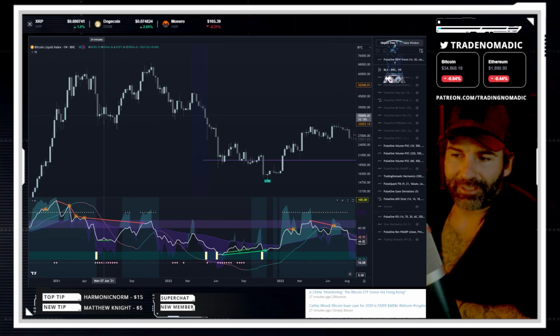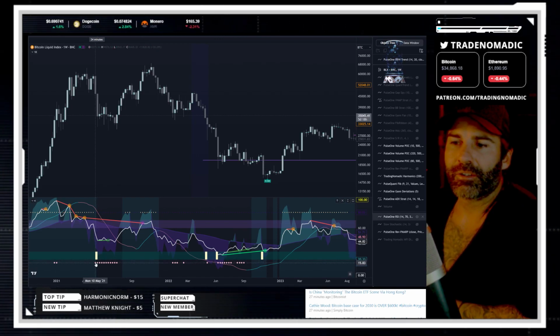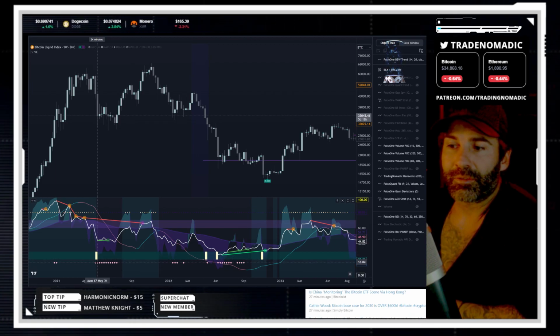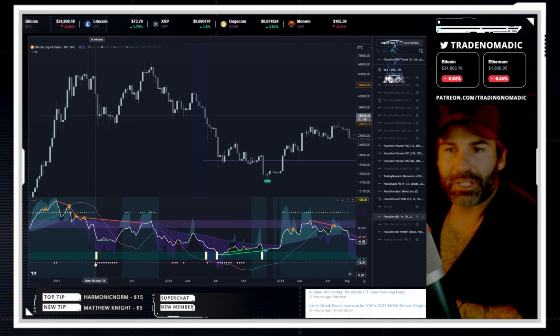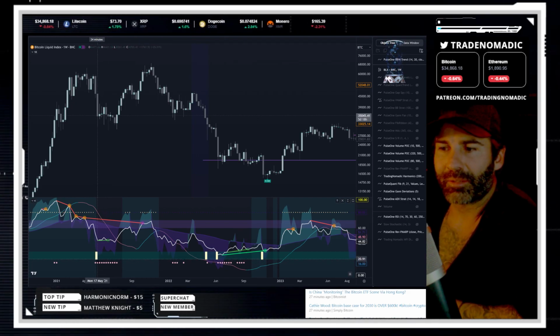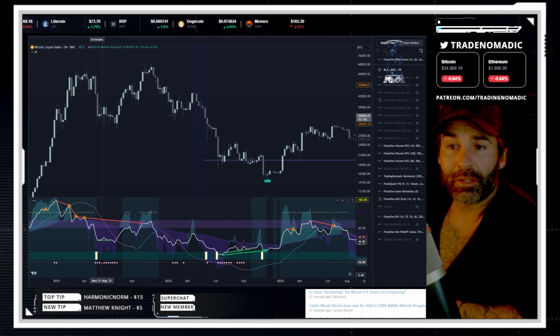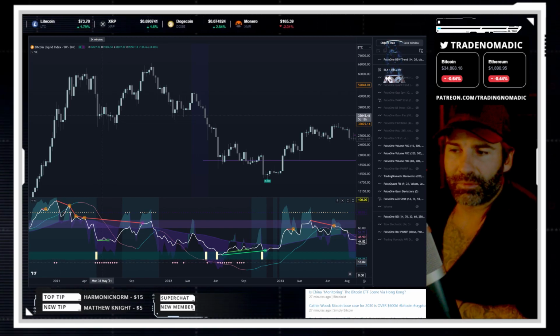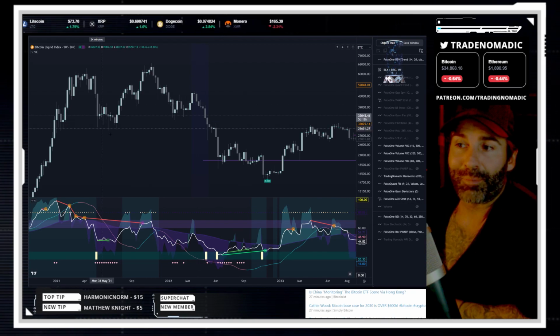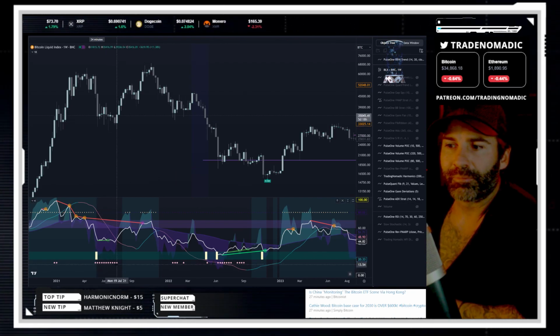These little pink dots down here, those are an ADX indicator. I call them the squeeze dots. This means that there is a squeeze taking place. You don't want to buy, at least in my strategy, if I'm looking for a bottom, I'm not buying in until these disappear.